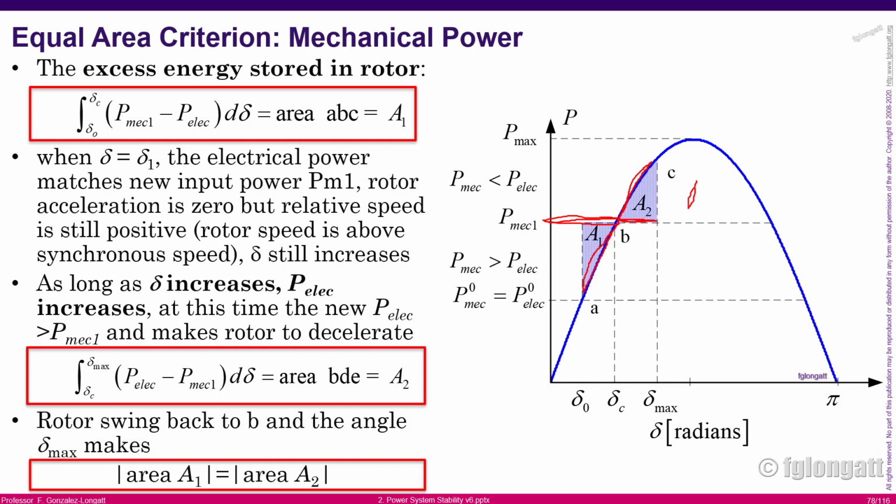That way this number will be positive, because the areas are positive, okay? But if you want to keep using just mechanical minus electrical, there is no problem. You can keep using that, but you need to take into account that what you want to keep equal is the area: the accelerating area must be equal to the decelerating area. Okay.